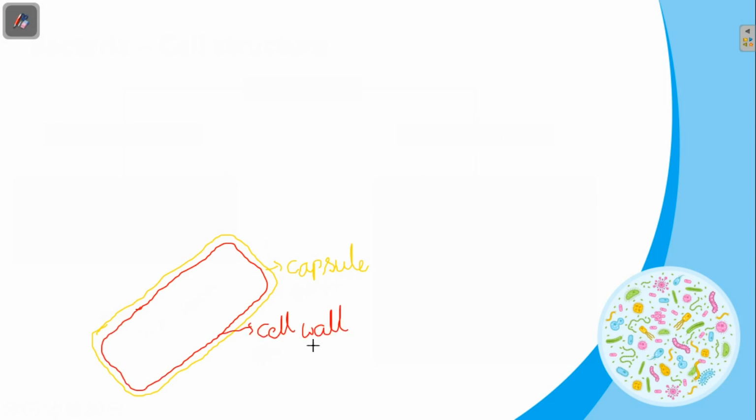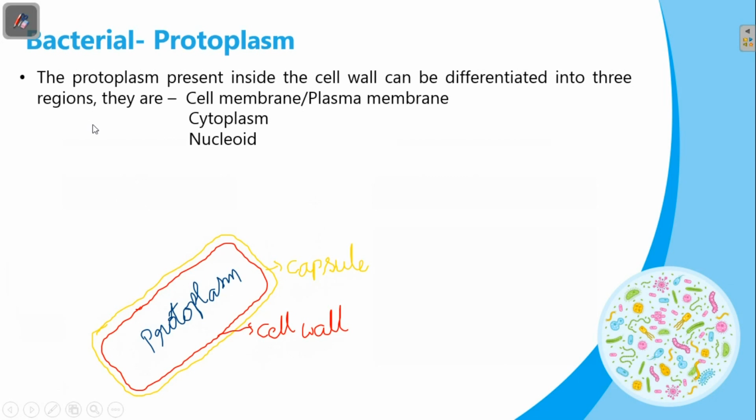The nature of the cell wall is rigid and flexible. Now, the content present inside the cell wall is called protoplasm. Let us see about protoplasm in detail now. This protoplasm is present inside the cell wall.